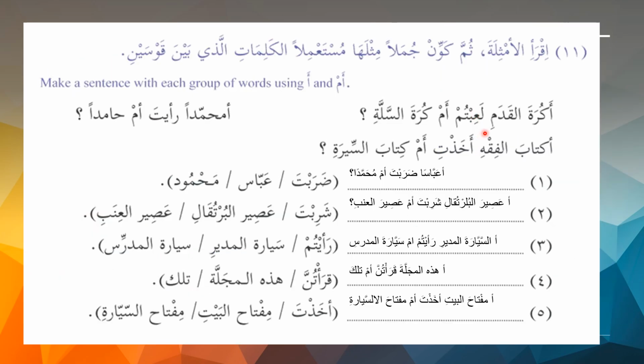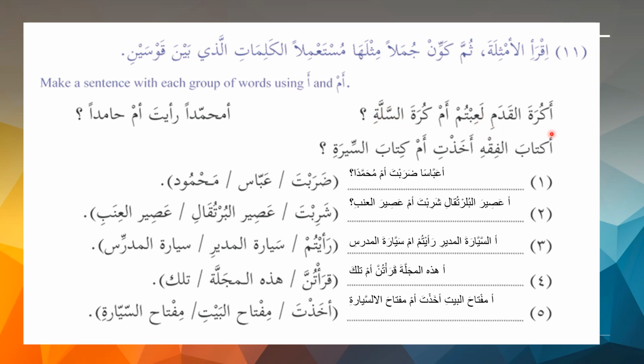In exercise number 11, you have to make sentences from all the words given, and it is jumbled, so you have to make the sentences, and it should be a question. For example, كرة القدم لعبتم أم كرة السلة.